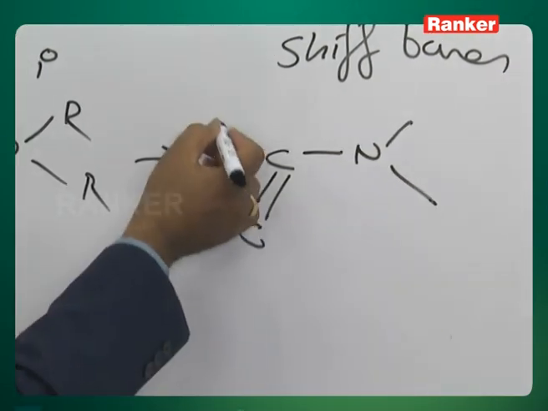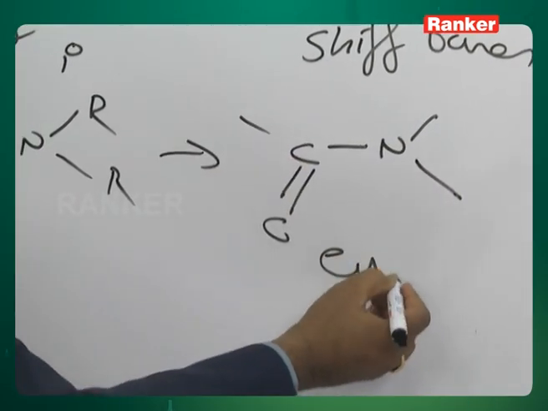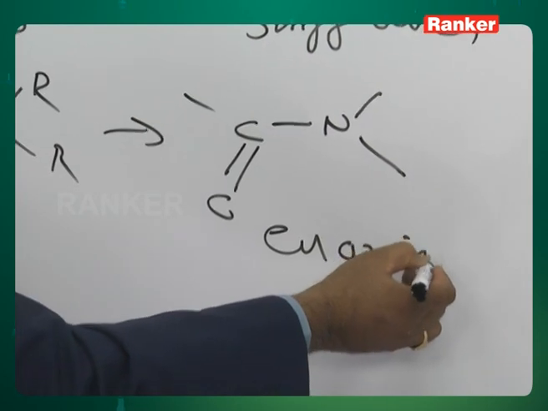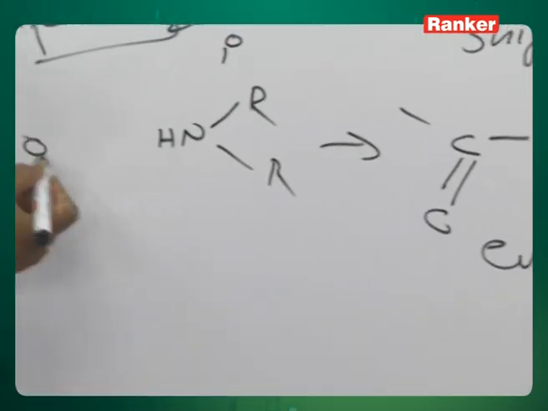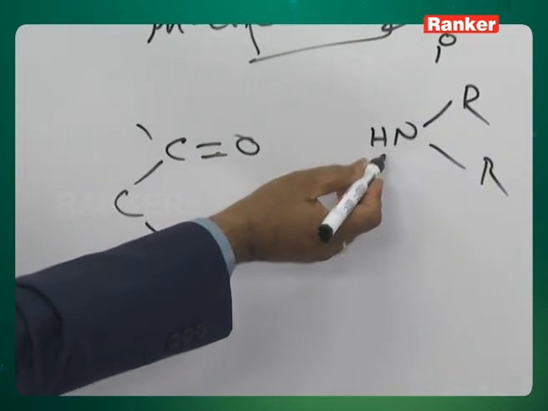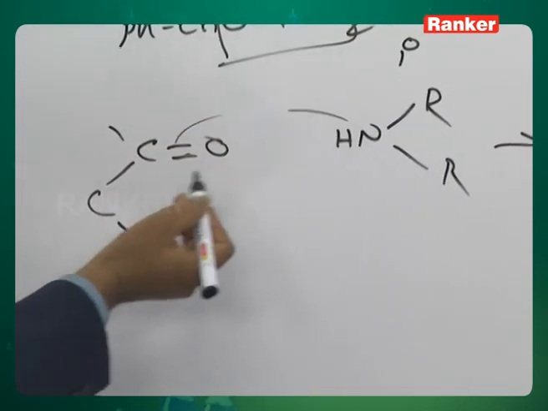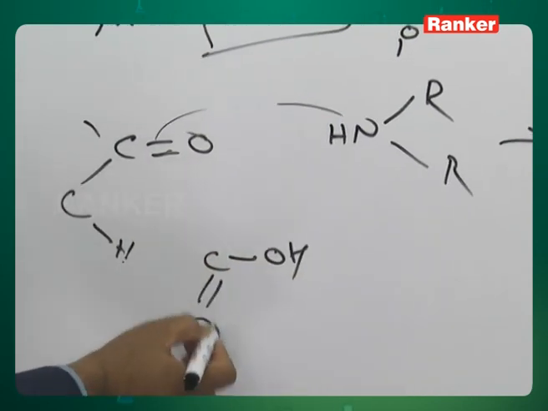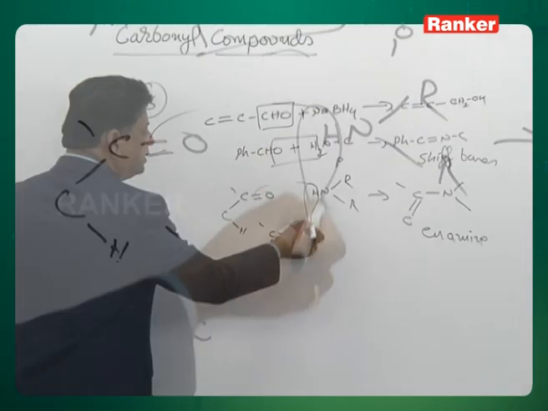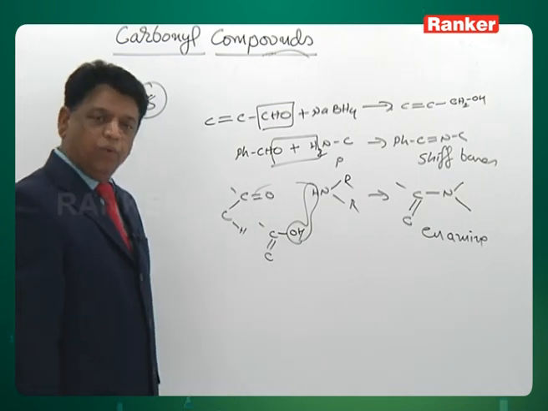This type of compound is formed. This is called enamine. 2 degree amines with the carbonyl compound tautomerizes, enol comes, and because there is no 2 hydrogen, only 1 hydrogen, it cannot eliminate. So it will become a hydroxy group. Enolizes and develops a hydroxy, and this hydroxy and H will go out as water.